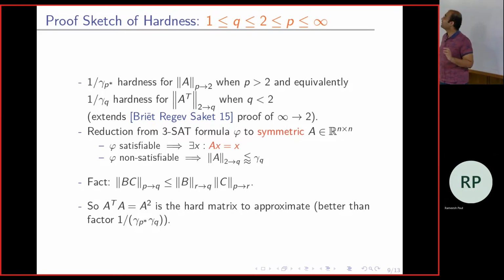So that's the argument for this case. And this is important because in the composition you don't lose anything. So A of x goes to x. In the completeness case, you still get 1, but in the soundness case, you get gamma p squared times gamma 2.